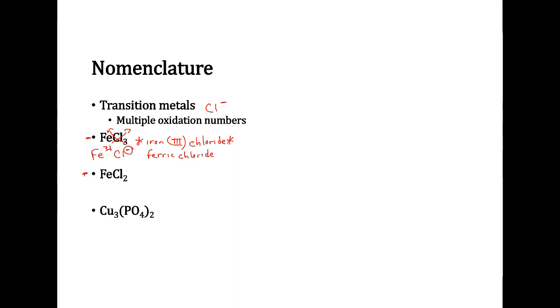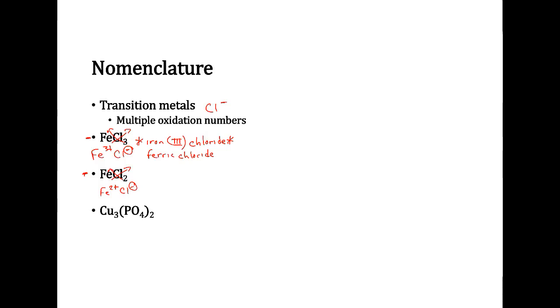So if we work backwards, we swap, hop the charges, so we have Fe2+, Cl-. So this satisfies the criteria that chloride has a -1 charge.